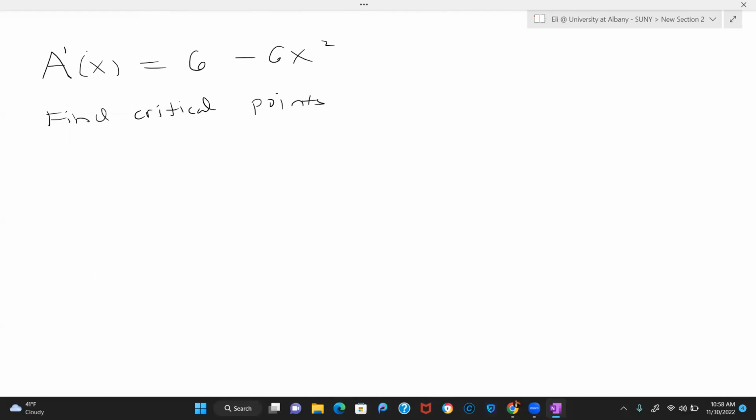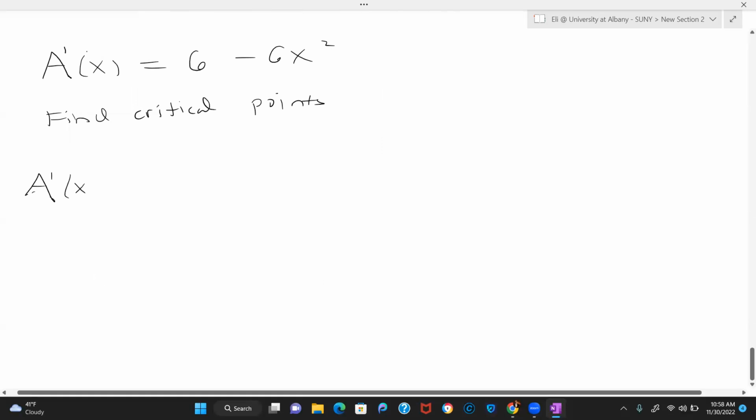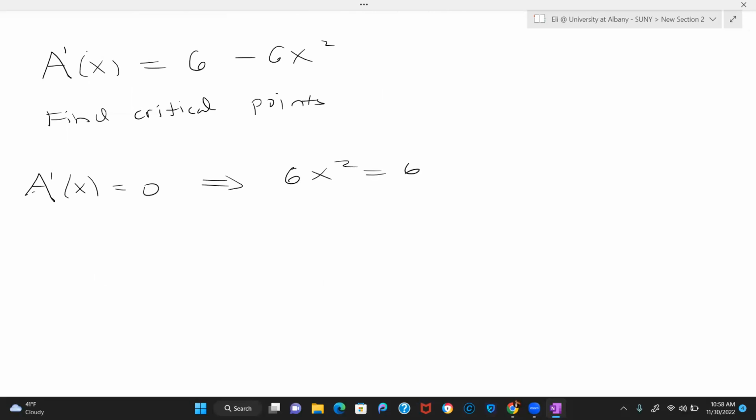So that's where you go to look for minimums and maximums. If you set the derivative equal to 0, you get 6x squared is equal to 6, and then you cancel things out, take the square root, you get plus or minus 1. x has to be positive. We're taking x to be positive, so this implies that x equals 1.